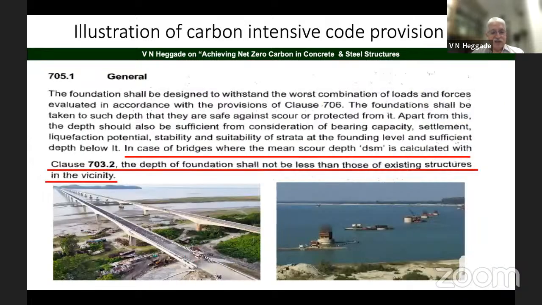And there is also a case study. There are two bridges which you can see here. This is the existing bridge. A new bridge was being built. There are around 28 well foundations of around 40 to 50 meters. And one of the clauses in the foundation code is that the depth of the foundation shall not be less than that of existing structures in the vicinity, which is almost around 80 meters.